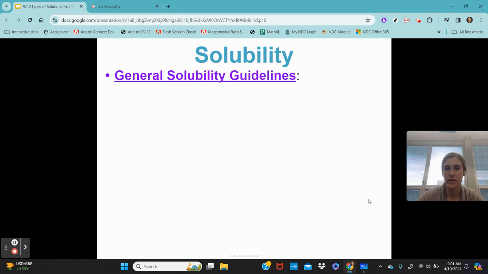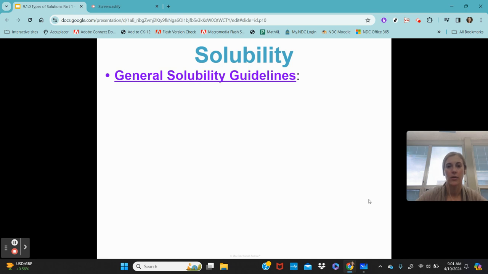All right, general solubility guidelines. This is something that you are given in your notes here, but it should also be on your Unit 9 reference sheet as far as which ions are soluble. We're talking about aqueous solutions here, and we've seen these types of reactions many times. You take two solutions and something precipitates out. That means that it's insoluble.